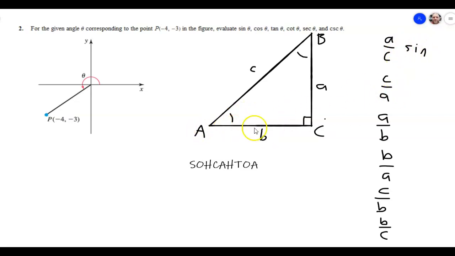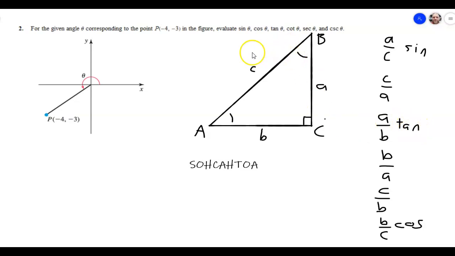The next one is cosine, adjacent over hypotenuse, so that would be B over C, right here, so this is going to be our cosine. Tangent is opposite over adjacent. Remember, the adjacent is always the non-hypotenuse side, so that one is A over B, which is right here.